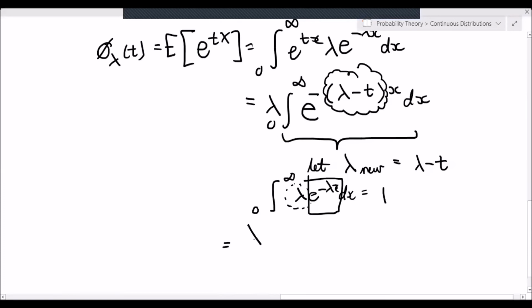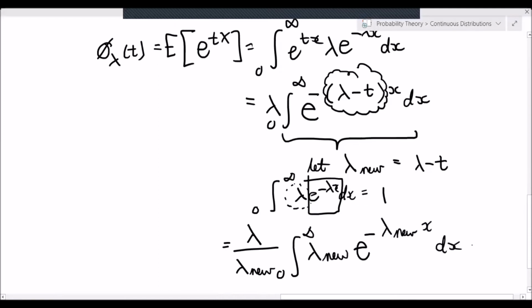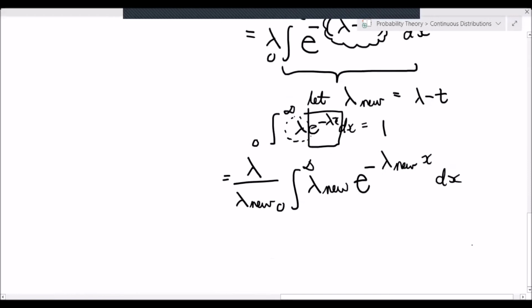So I'll show you what that means. So we're going to have lambda over lambda nu times the integral from 0 to infinity of lambda nu e to the negative lambda nu x dx. And we know that this is simply the integration over all the possible values that the probability density function of an exponentially distributed random variable can take.